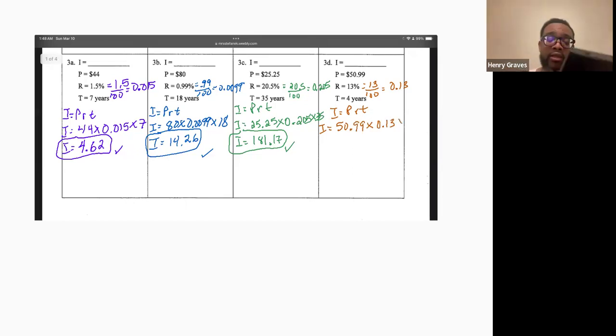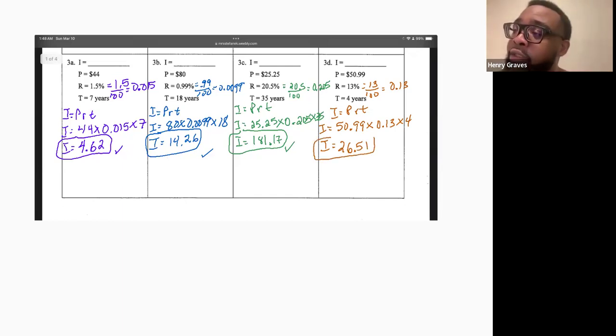So we multiply all of this, 50.99 times 0.13 times the 4 years it takes for him. And he ended up paying $26.51 in interest. Well, that's not bad. He still pays less than 80 bucks in total, so that's not a bad deal for him.